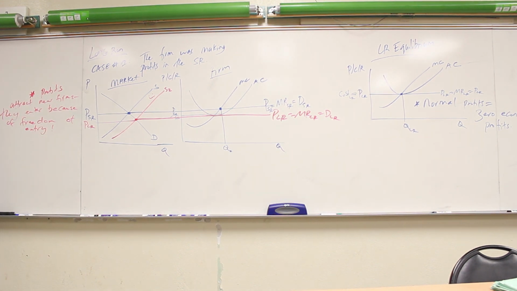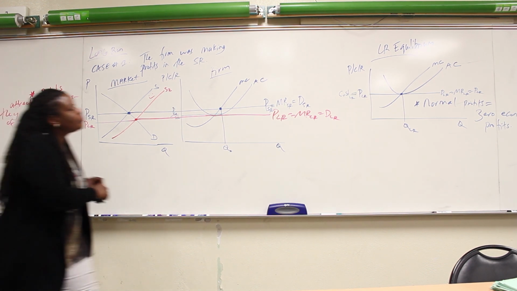Now this was when the firm was in the short run making money and we were watching them over time, and that's where they ended up. It could be the case where the firm was actually losing money in the short run and we want to watch them over time. So let's do it.